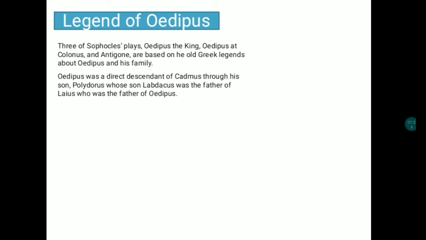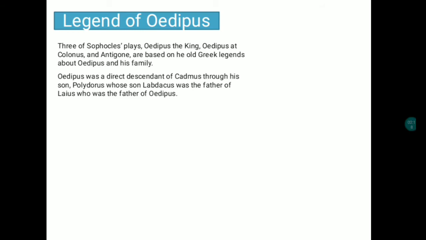If you go back to the legend, you will come across that Oedipus is a direct descendant of Cadmus. Cadmus was the king of a particular city, and the name of the city was Thebes.